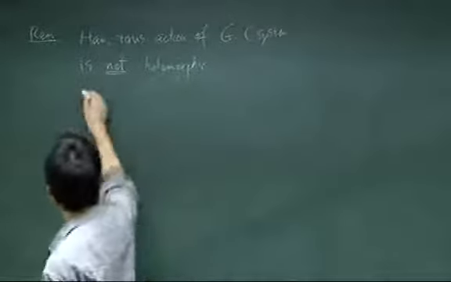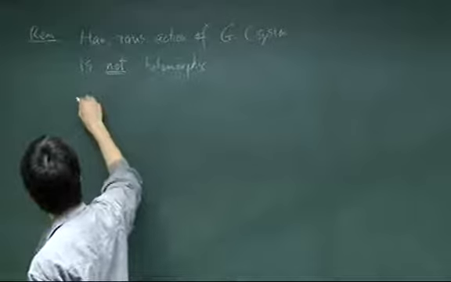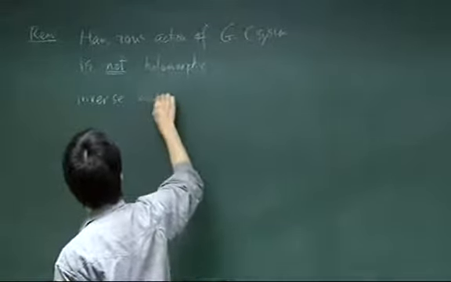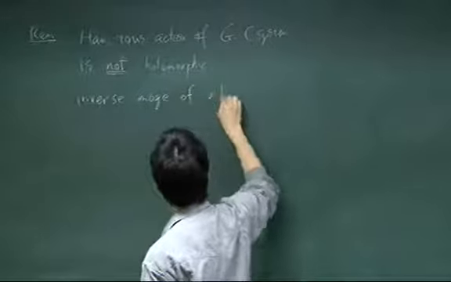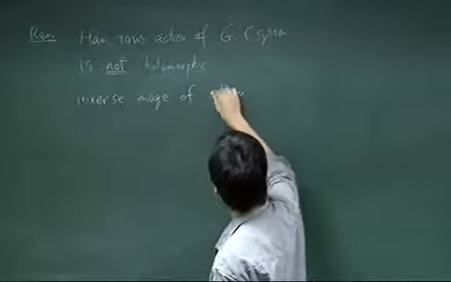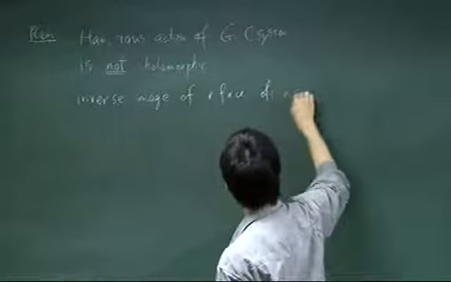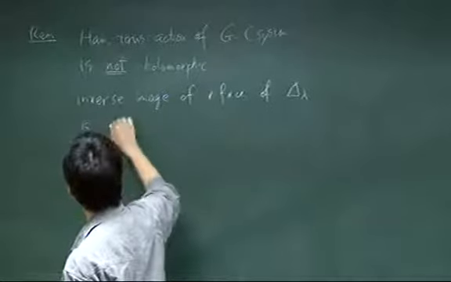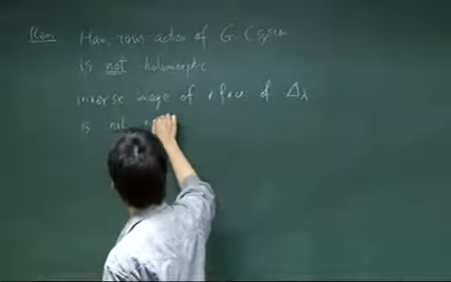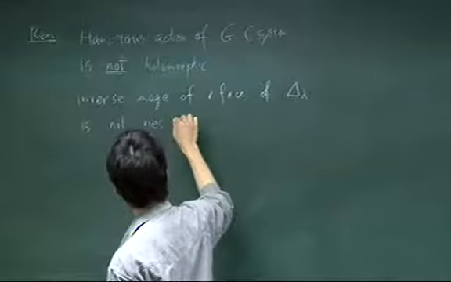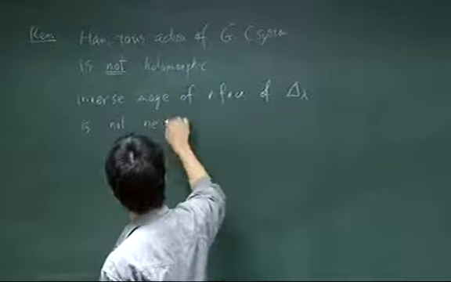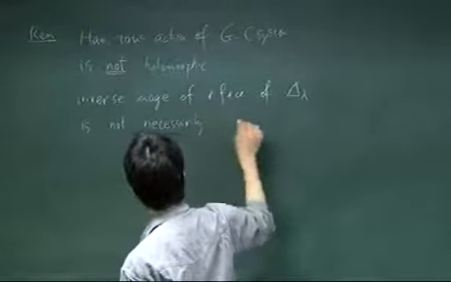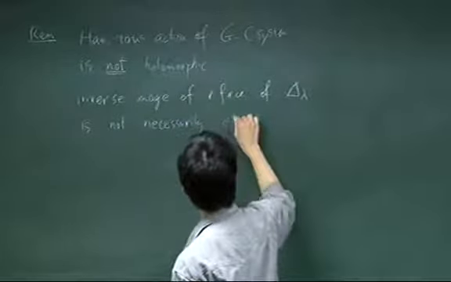So the inverse image of the face Delta lambda is not necessarily a complex subvariety.